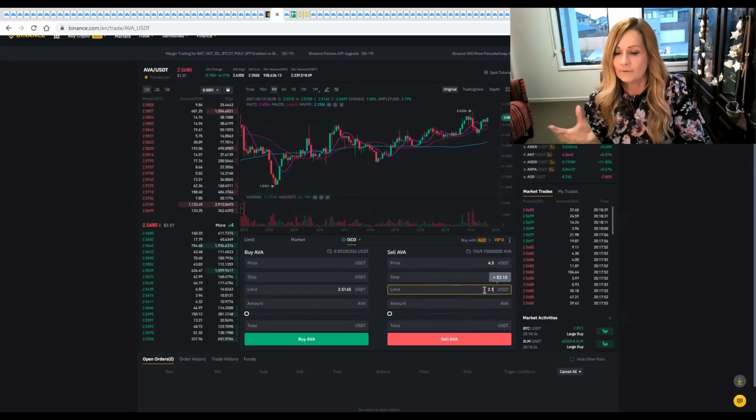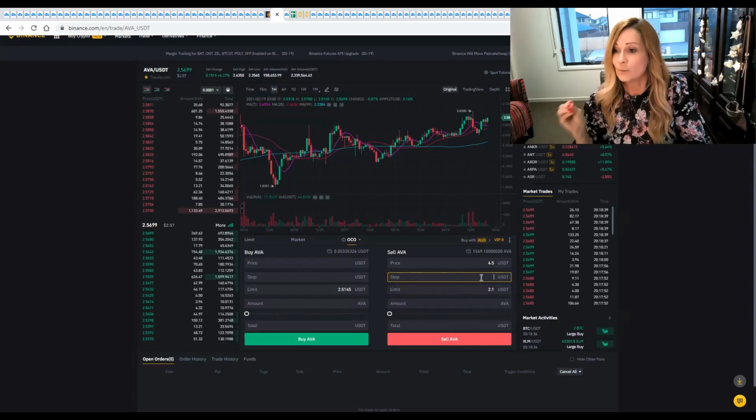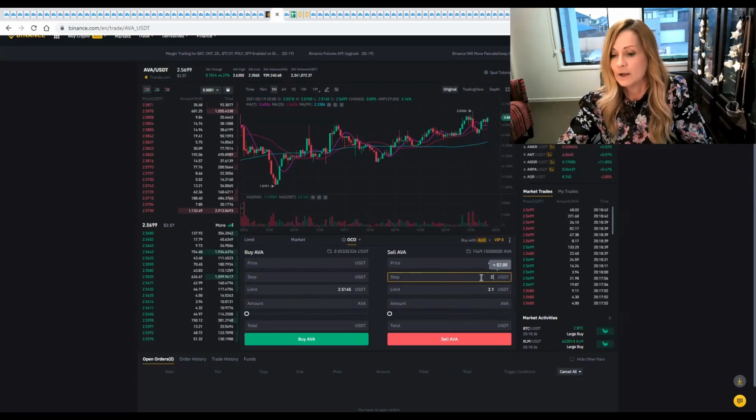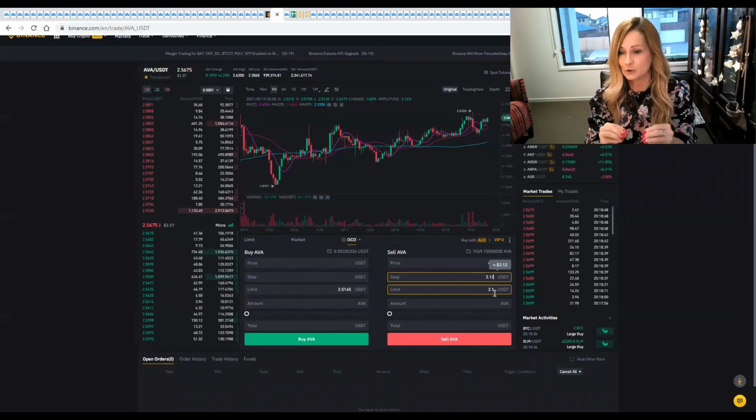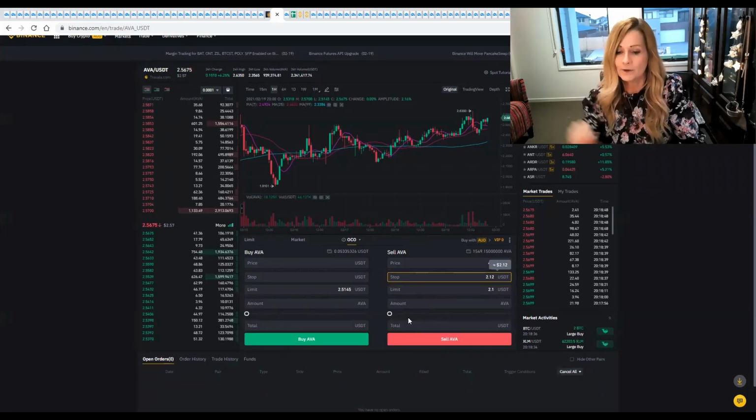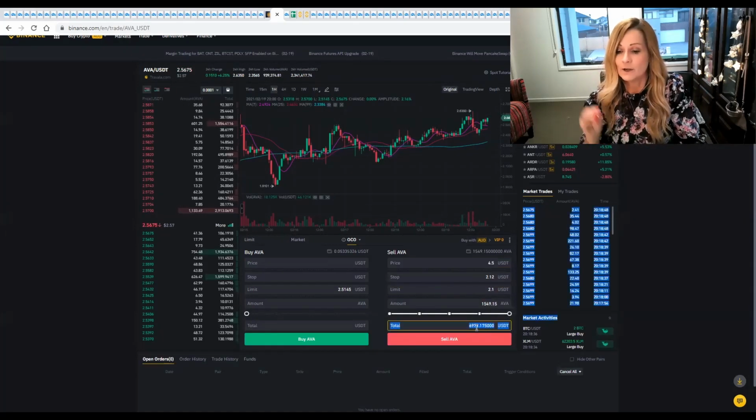We want to have the limit at 2.1. And we want to have that stop activated before that, so we want to have that at, say, 2.12. So that puts that order into the order book, and then it will activate at 2.1. And then we want to sell the full amount. So we go up, we sell the full amount, and we press sell AVA, and that sets our stop and our sell order, our OCO.